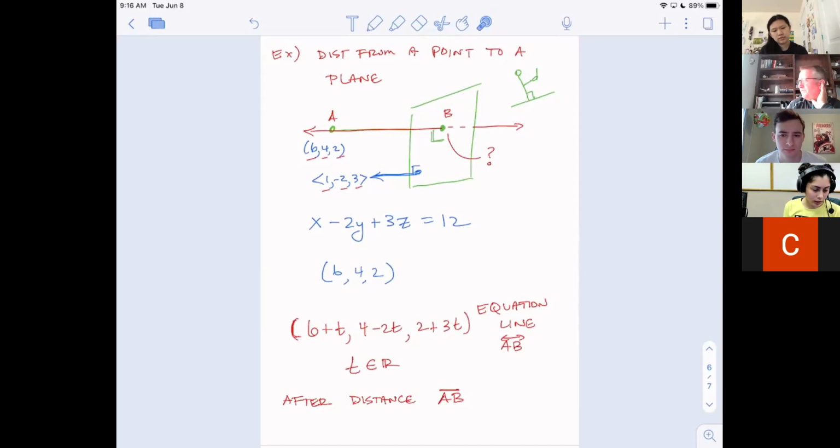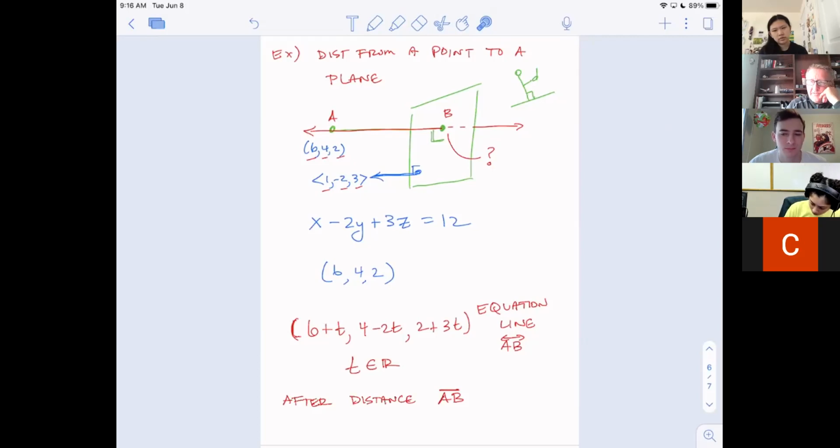Is that what you said? No, I'm just thinking out loud. On your plane you have that point B, which is some x, y, z coordinate. Then you have some point along the line of A, which is an x, y, z. And I guess where they're equal, they might intersect.